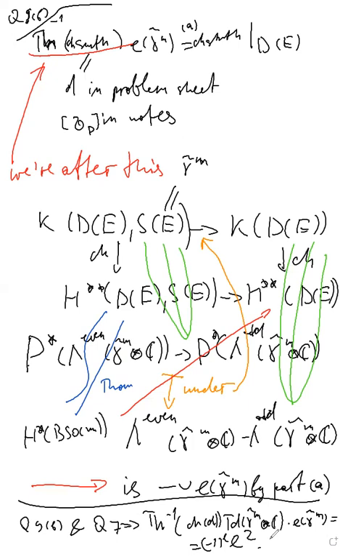And it's very important that the Euler class has no zero divisors in the cohomology of the Grassmannian. In the cohomology of X, the Euler class is clearly a zero divisor. But hence the trick.